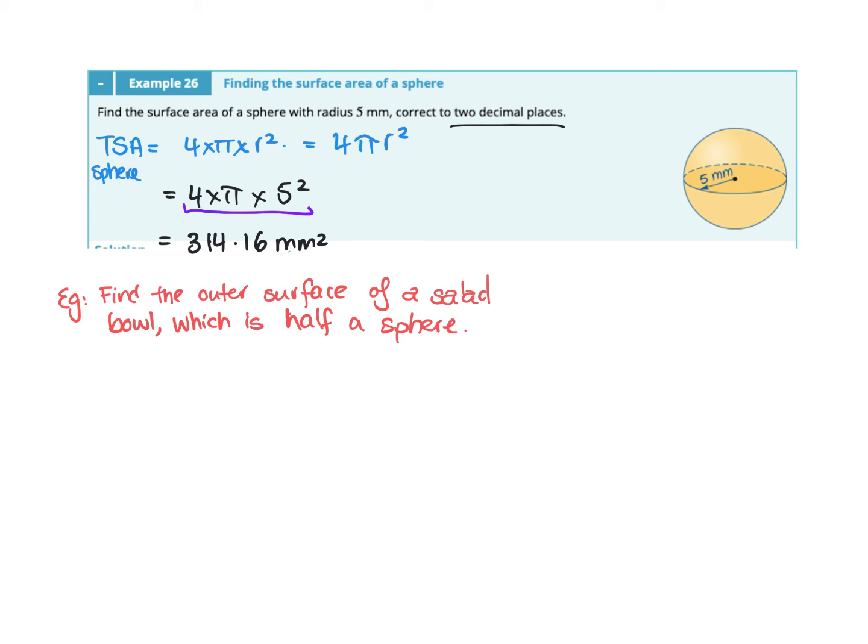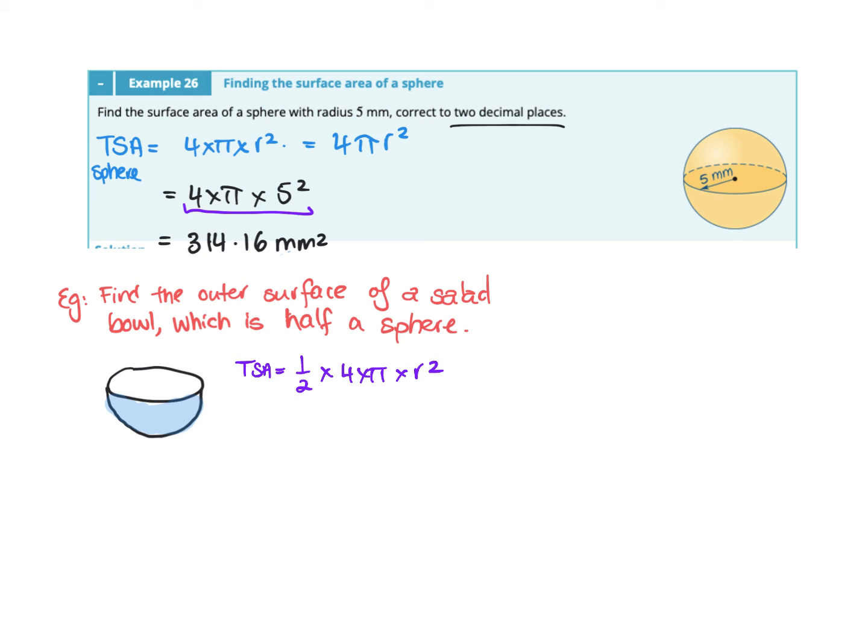So we've got this bowl here, and we're saying it's half a sphere. So really all we want is just this bit here, the outside. When you only want half of it, the total surface area for this one, you just do a half of the formula for a full sphere, which is 4 times pi times r squared. Okay, so that's all you have to do.